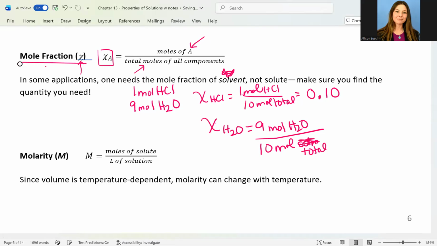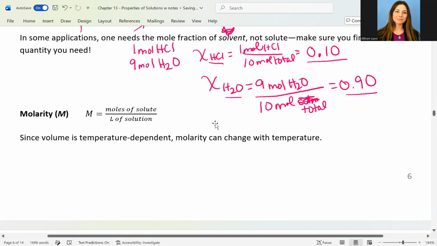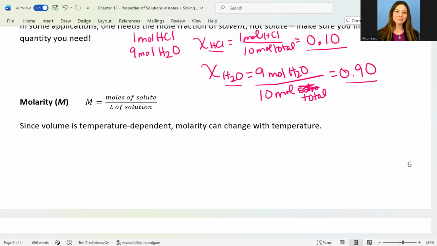And we have the mole fraction here of 0.90. So again, depending on what you're referencing, your mole fraction will change, whether it's solute or solvent. And we would just define one as the lesser amount, that's going to be your solute, the solvent, the greater amount.